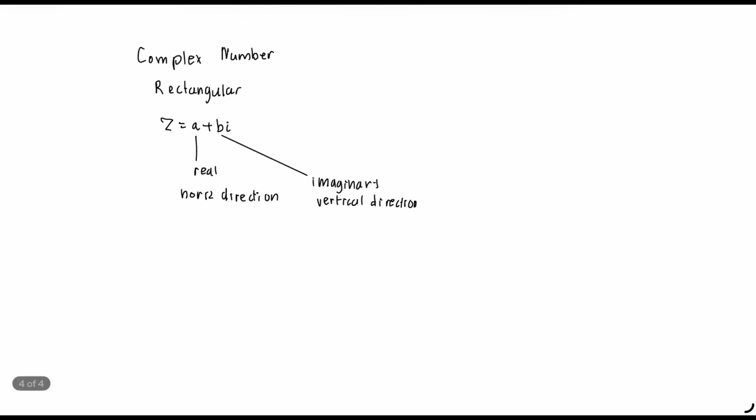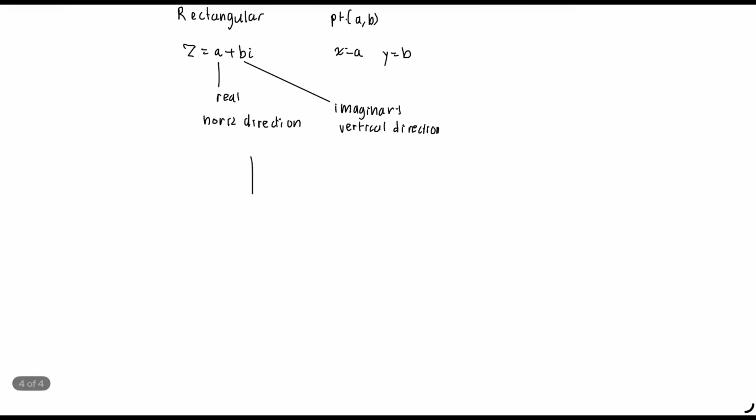On the complex plane, a point is (a, b), so you can treat x as a and y as b. So we have real and imaginary in the complex plane.